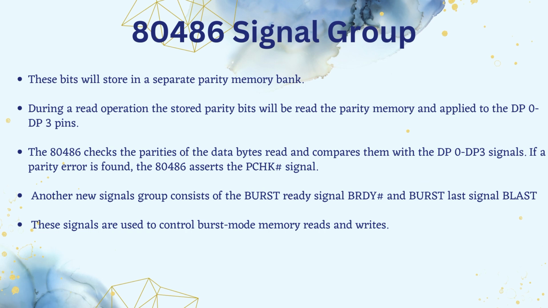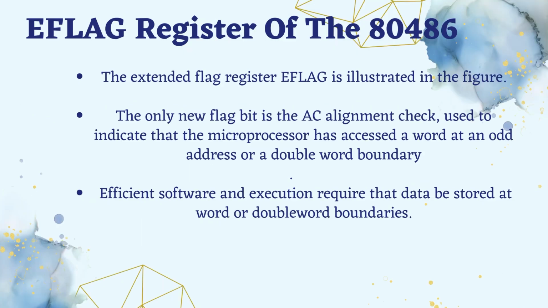Another new signal group consists of the burst ready signal BRDY and burst last signal BLAST. These signals are used to control burst mode memory read and write. During a read operation, the stored parity bits will be read from the parity memory. E-flag register of the 80486.